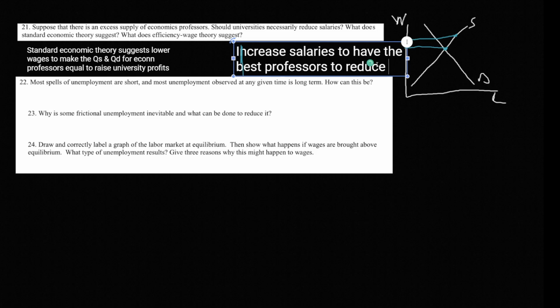So, the efficiency wage theory suggests in this case that they should actually increase salaries to reduce employee or worker turnover.